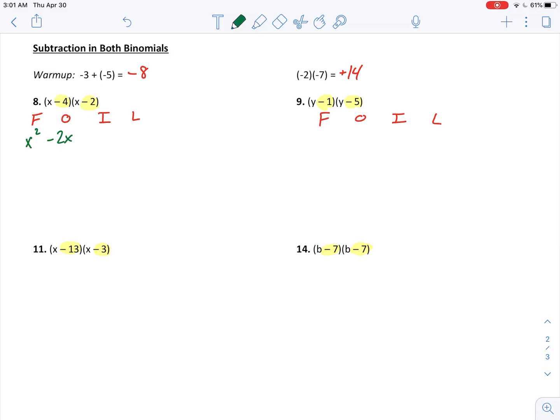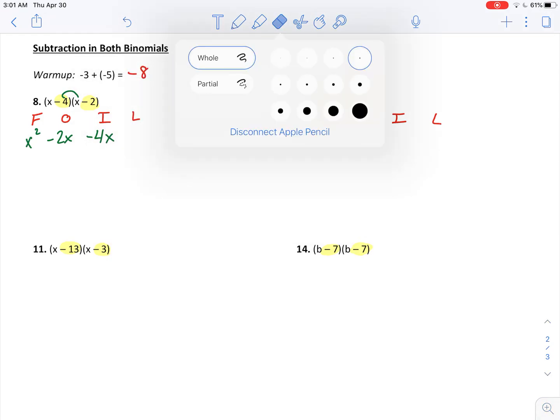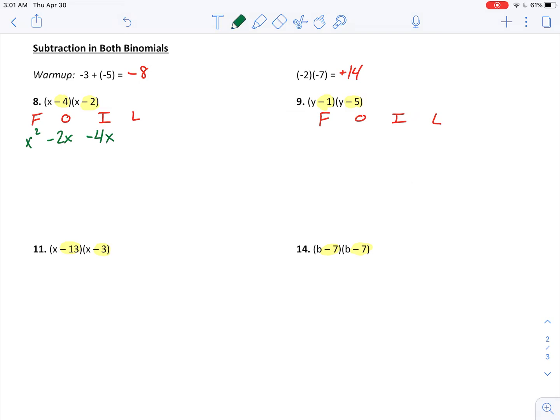Let's do the inner. Negative 4 times x is negative 4x. And this is where we have to be careful. What operation am I doing? Because I've got 2 negative numbers here. And if I'm multiplying them, a negative times a negative gets me a positive. So that would be positive, and 2 times 4 is 8.